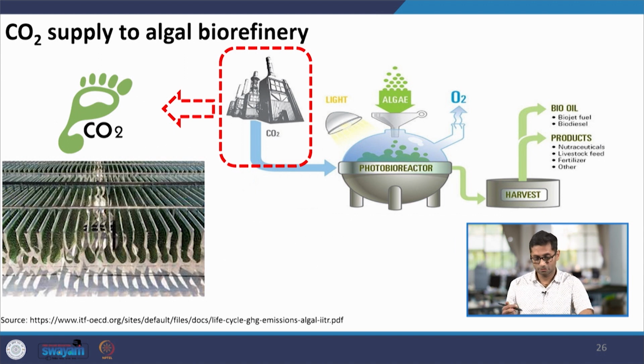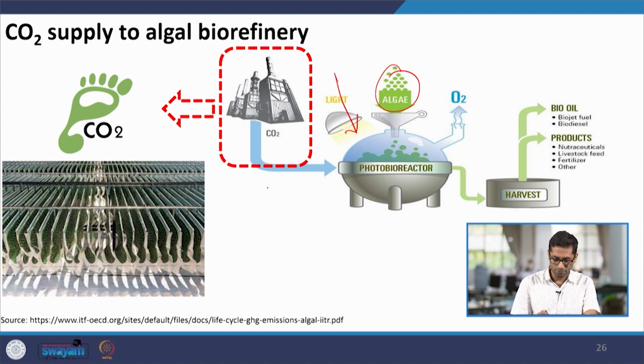Let me try to show you with the help of a figure. So, normally the algae would be grown in a farm like this. What you see here are photobioreactors which would be growing concentrated algae, and it uses sunlight as a source of energy, then an initial algae inoculum, and finally we would have the CO2 coming in, and this CO2 of course can come from the atmosphere, but a major source could also be from the power plants.